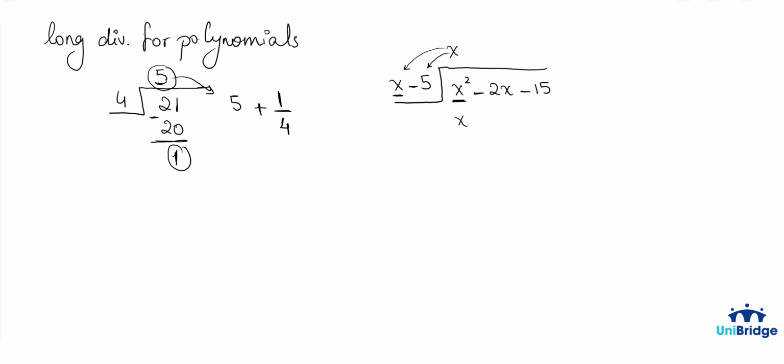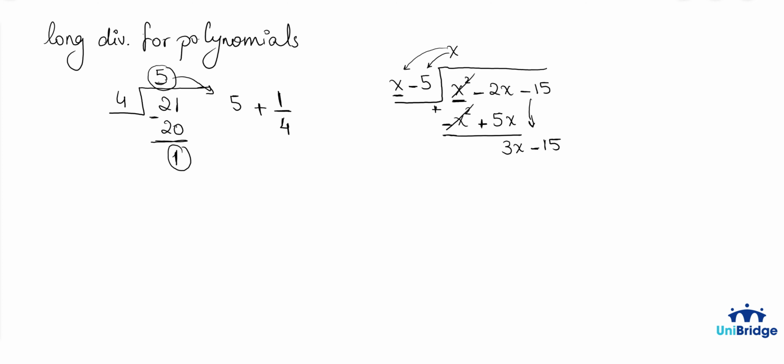So x multiplied by x is x squared. x multiplied by negative 5 is going to be negative 5x. You subtract, so you change the sign and add. So this is going to cancel with this. Negative 2x plus 5x is going to be 3x. And you can bring down the negative 15.